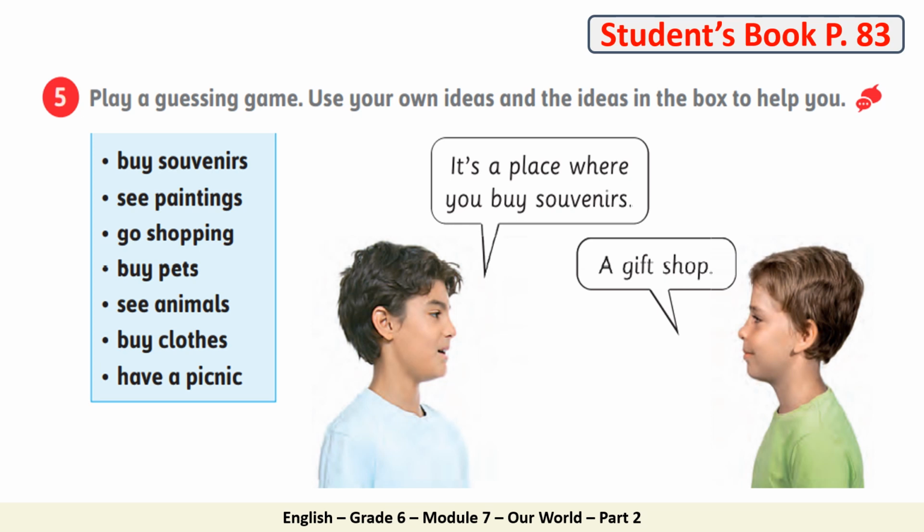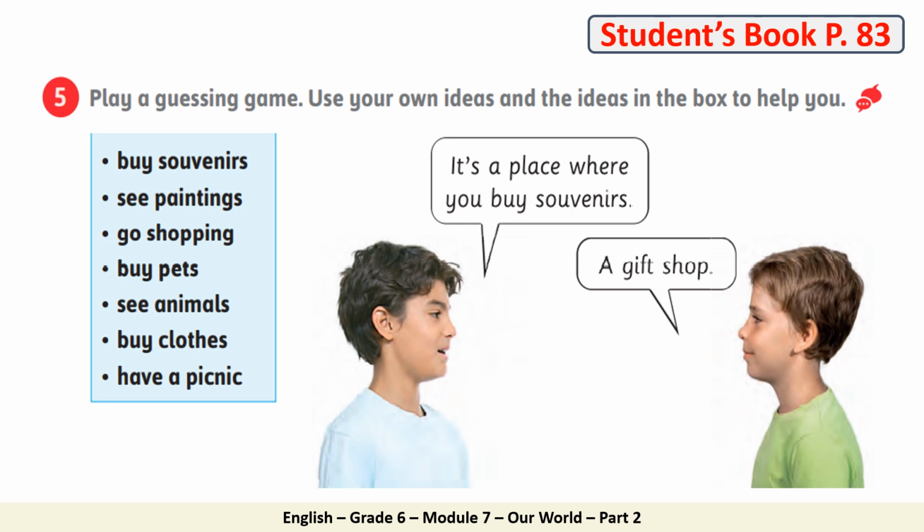As you can see here, we have this box on the right where you have the prompts, giving you ideas. The first one we have buy souvenirs, then see paintings. After that, go shopping, buy pets, then see animals, buy clothes, and finally have a picnic.